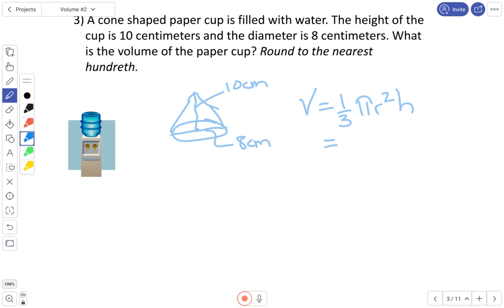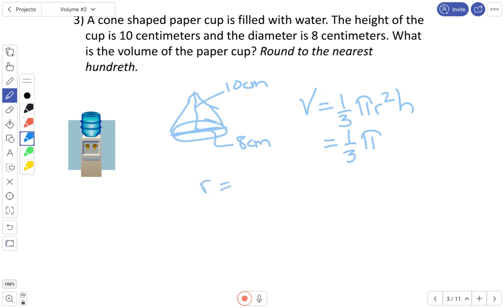All right, so I'm going to plug in what I know. So I have 1/3 pi. Well, now I get to radius. I don't know my radius. But what I do know is my diameter. And I remember from last year that radius is half of the diameter.